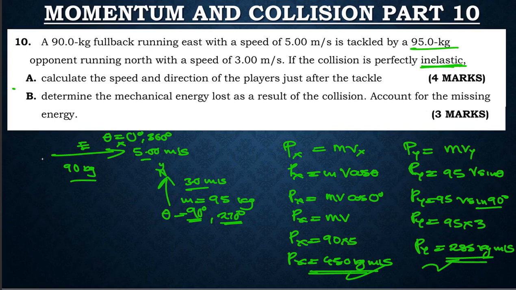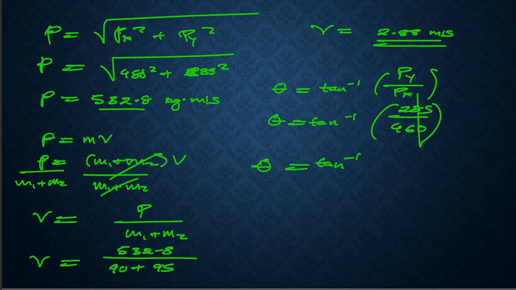So this was moving east, so it's the one with the x component 450. Then we have the one with the y component 285. We said 285 over 450.